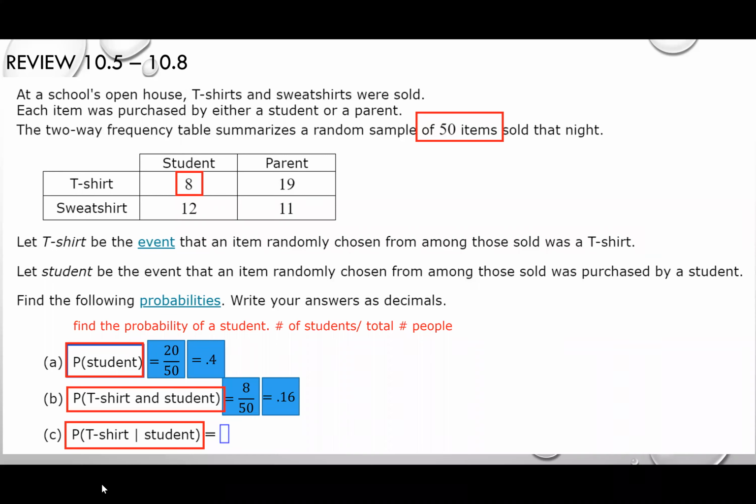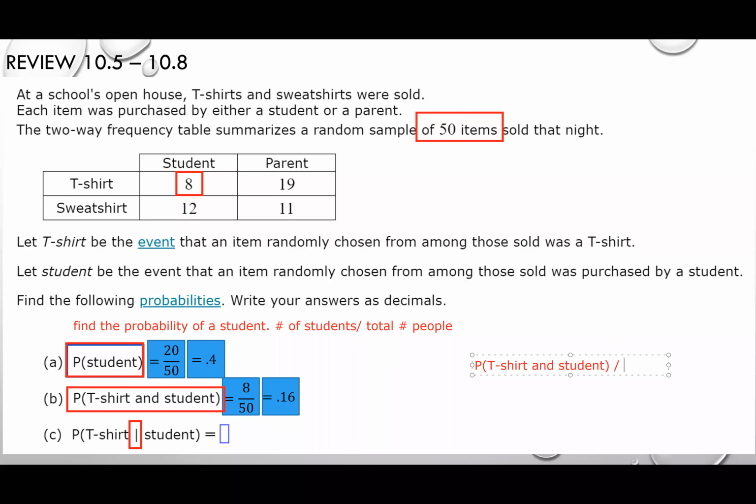And now the slash, right? If you remember this notation, I keep mentioning it and you will see it a lot. This vertical line is the conditional probability. If you forgot, the conditional probability is equal to the probability of t-shirt and student, divided by the probability of student by themselves.